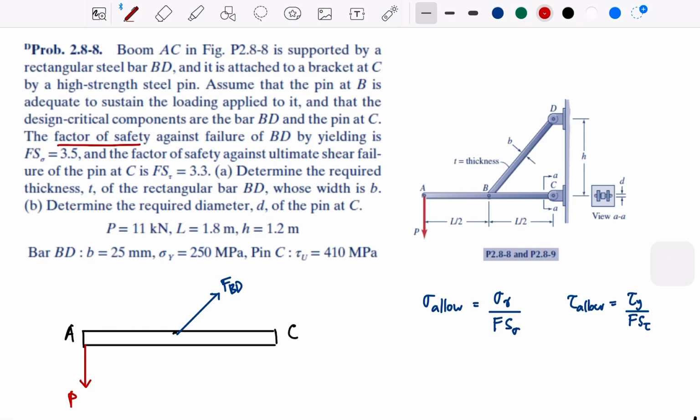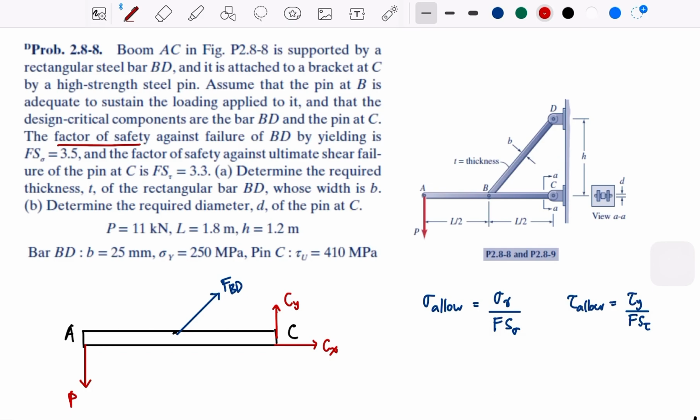So the reaction force here is only X and Y, without a couple, because it can rotate. It doesn't matter if you write the wrong direction, it's still okay, because you will know whether it's correct after the calculations. So let me write Cx.